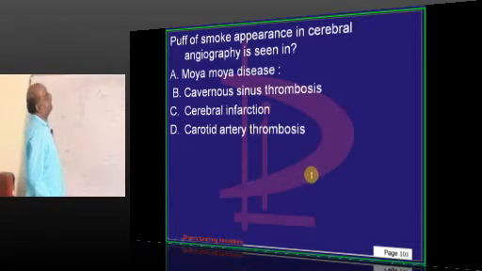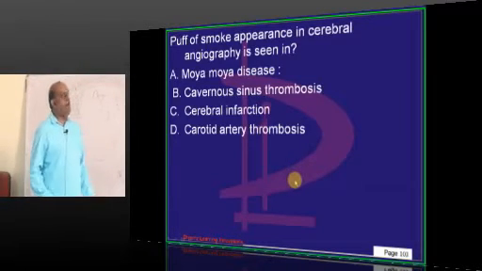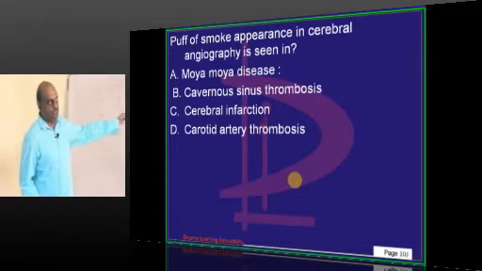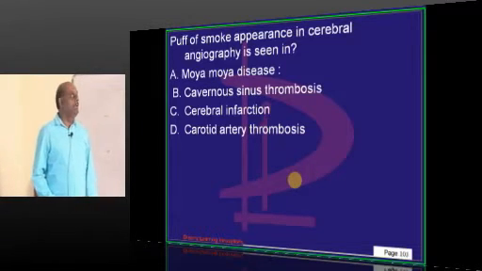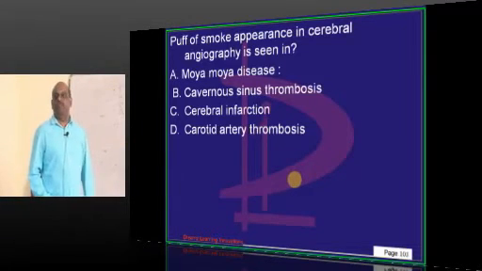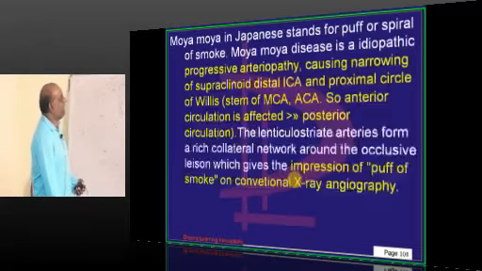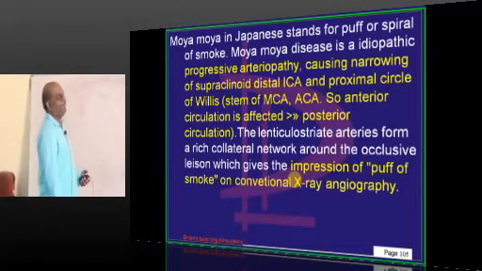Then cerebral angiography में puff of smoke. Actually, I could not get the image. Next time I will give in one of the mock tests an image of actual puff of smoke जैसे and check whether you can discover moyamoya or not. In Japan, what is the meaning of moyamoya?